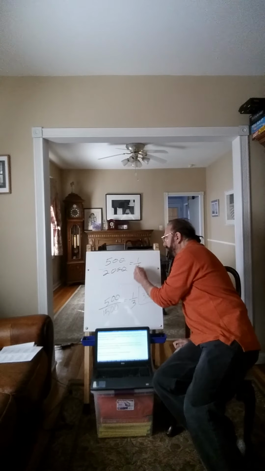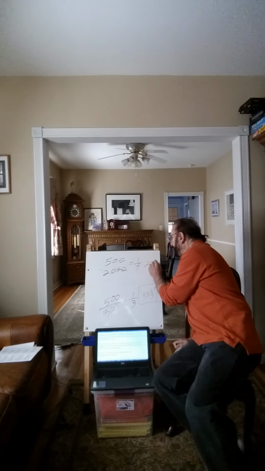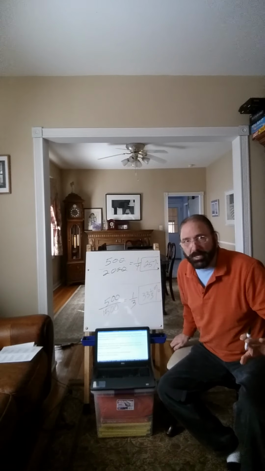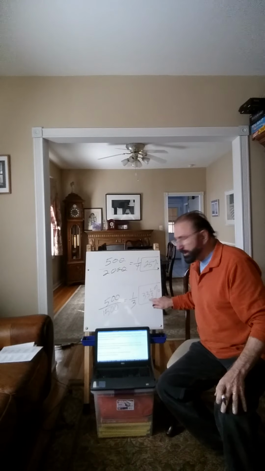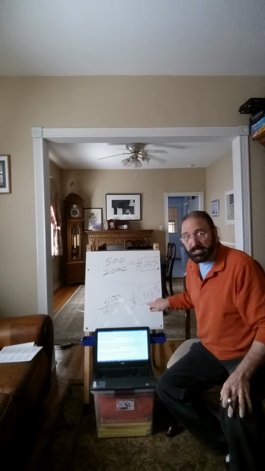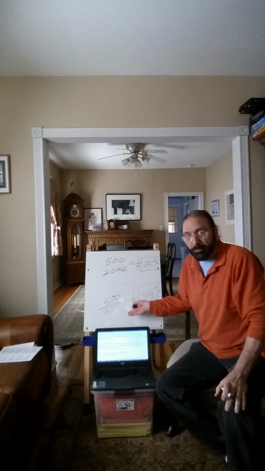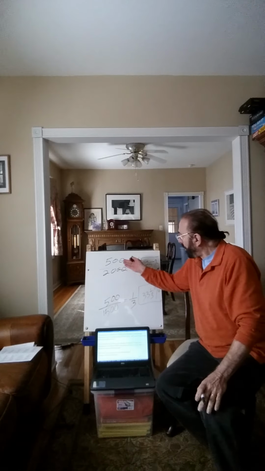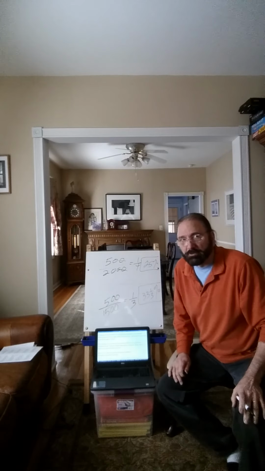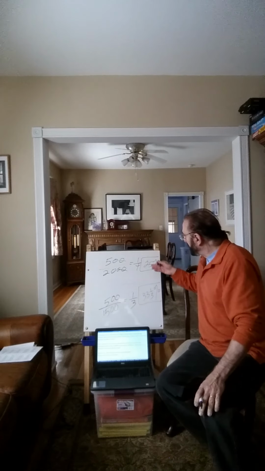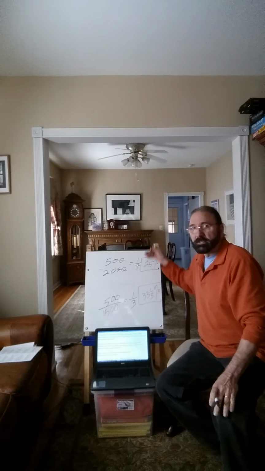Now it's 1/4, a 25% decrease. The 33 1/3% increase is different because you're starting with a different number. You're starting with 1,500. Over here, you're starting with 2,000. So this is a 25% decrease.